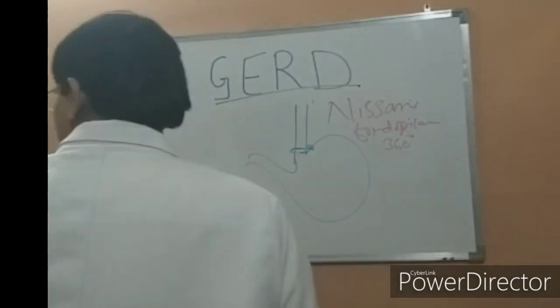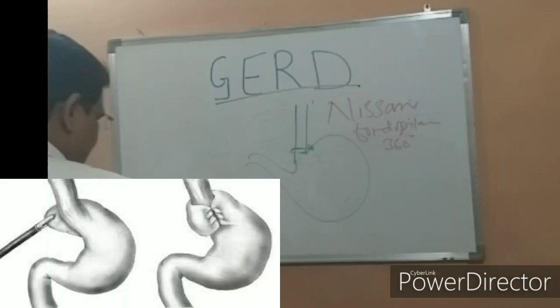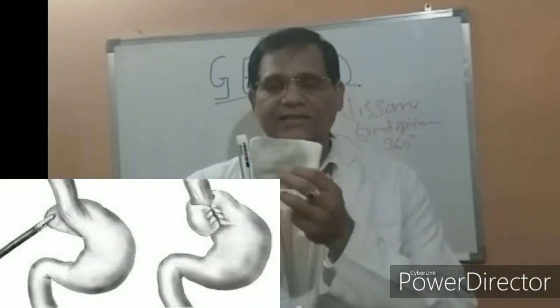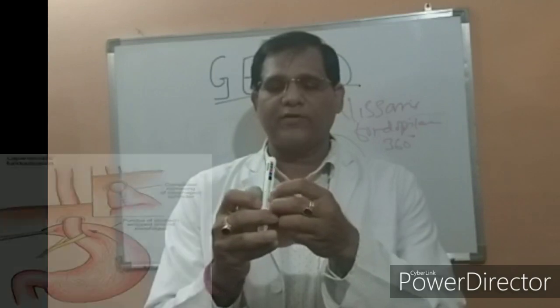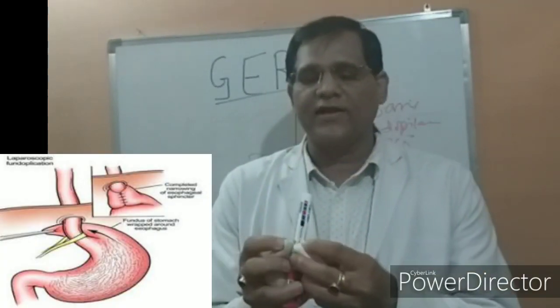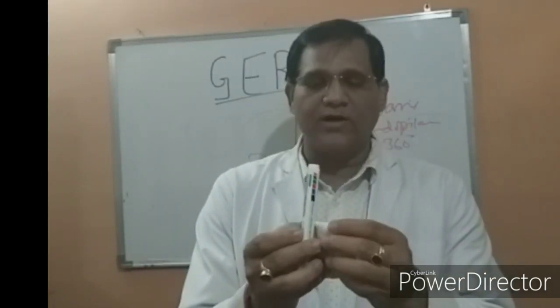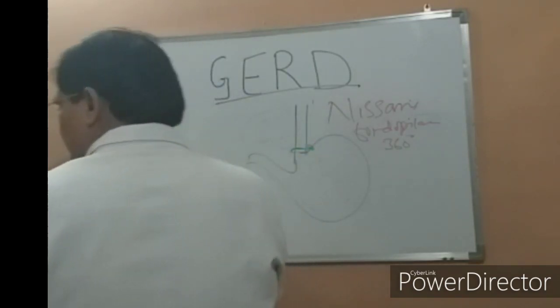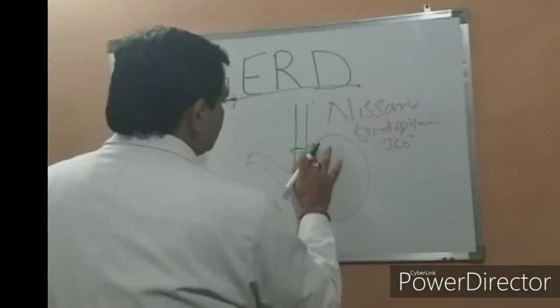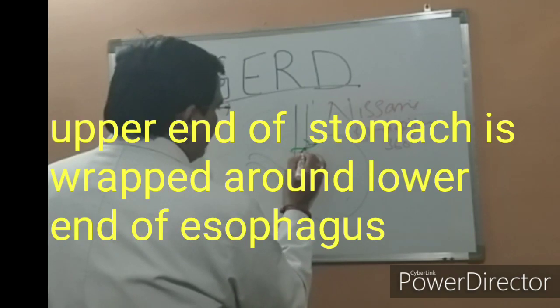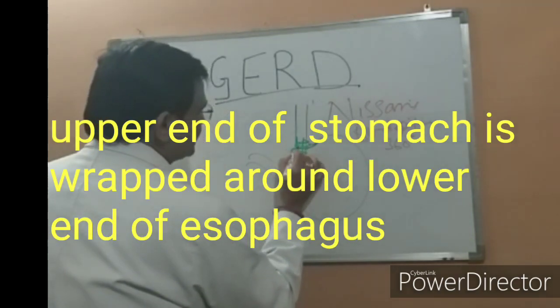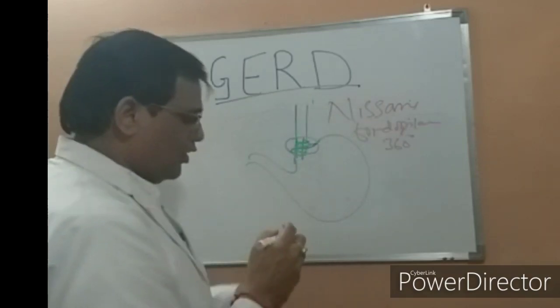Say this is the esophagus and this is the stomach. The upper part of the stomach is wrapped around the lower end of the esophagus and a suture is taken. So the stomach is wrapped around the lower esophagus.